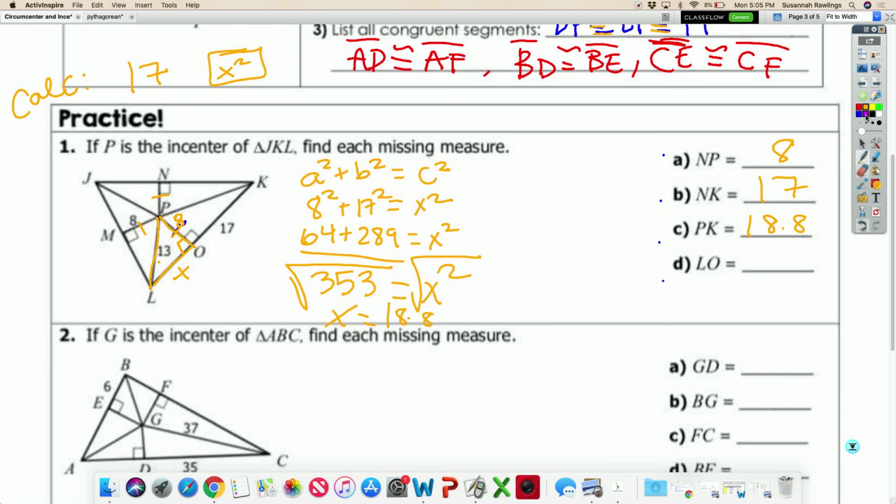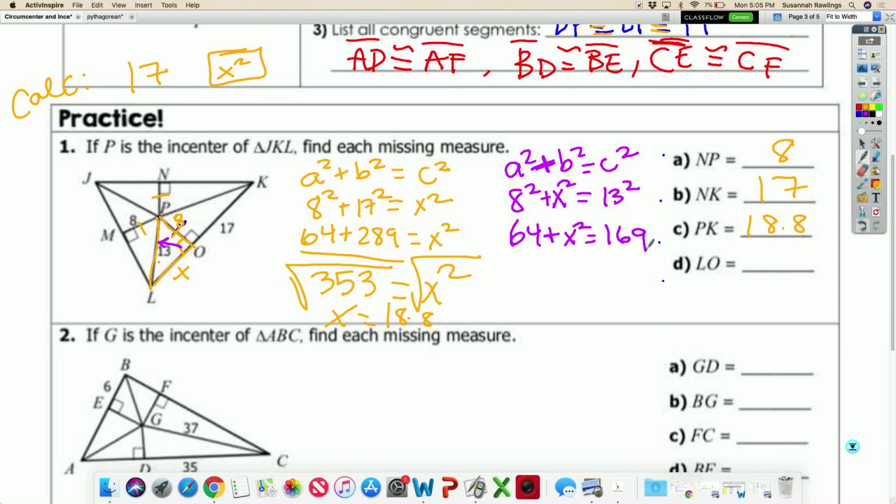I'm going to change colors here. So first thing I want to do is find my hypotenuse. In this case, it's a number, 13. And then I'm just going to put them in whatever order. And let's go ahead and solve. So 8 squared is 64.